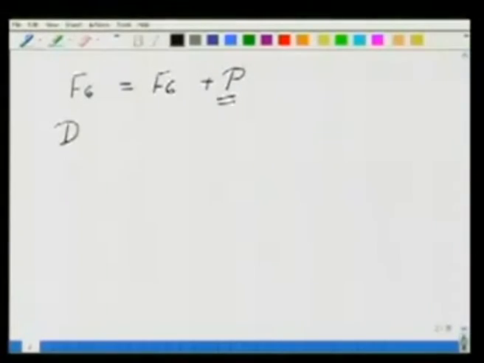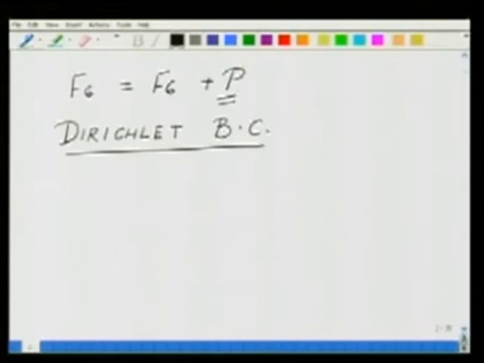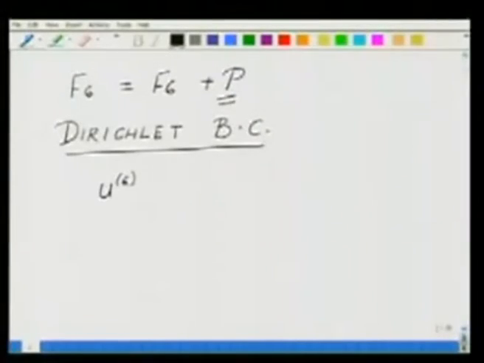What we are left with is a little bit more complicated part of application of boundary conditions, which is how do we impose the Dirichlet or the essential boundary conditions. This is where we had trailed off in the last lecture. So, what do we have for our problem? U6 is the approximation that we have made.